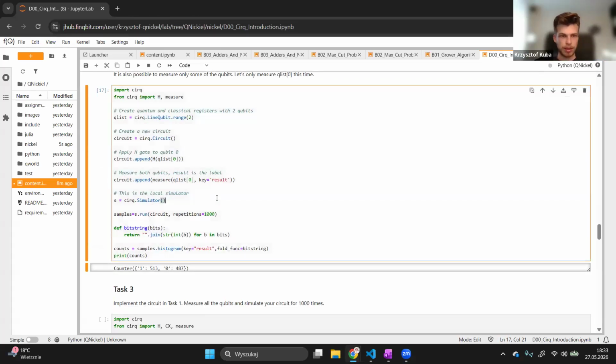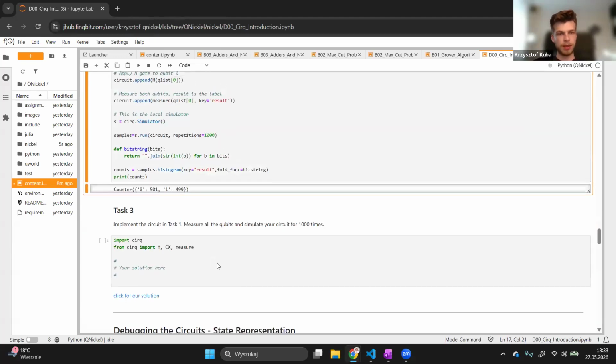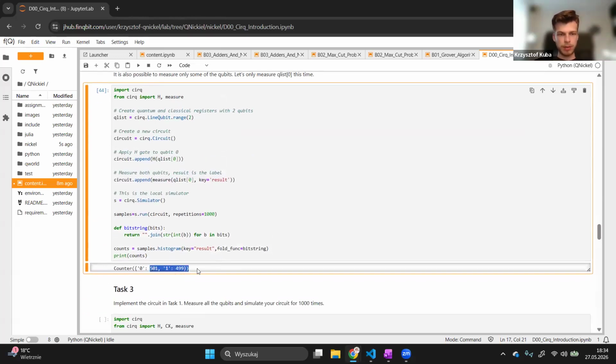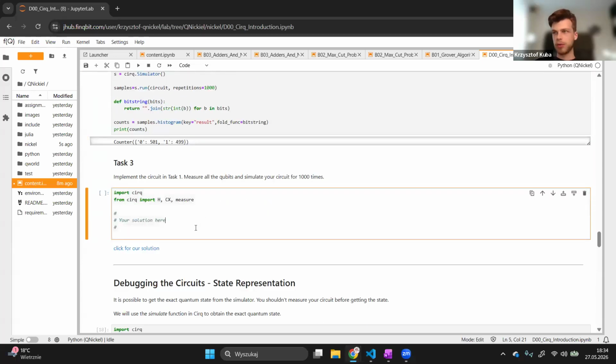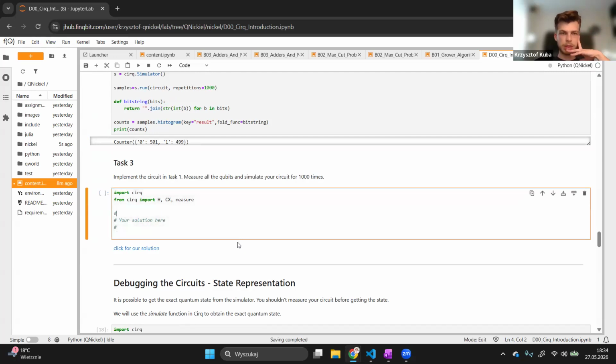Going back to measuring only 1 qubit, we can just specify the 1 qubit to measure, do the same, and obtain very similar results with 50-50 probability. Now task 3 for you: implement the circuit from task 1, measure all the qubits, and simulate your circuit 1,000 times.